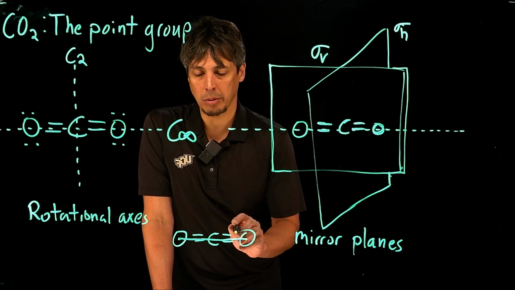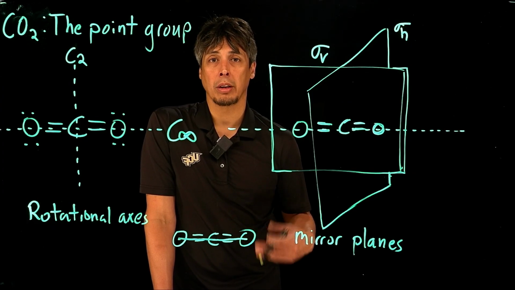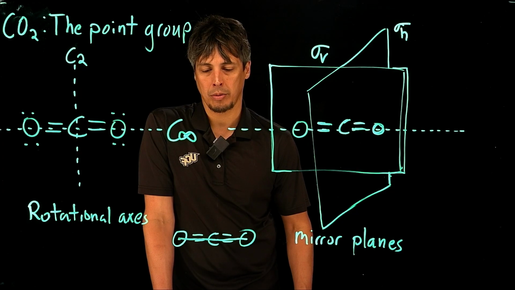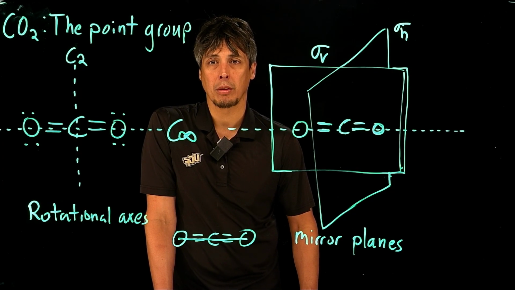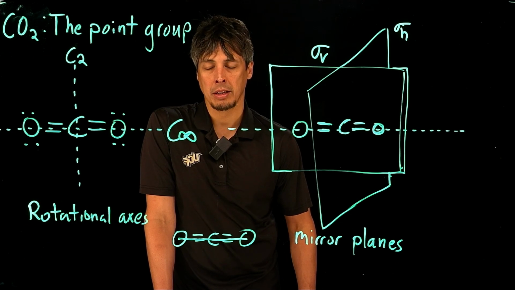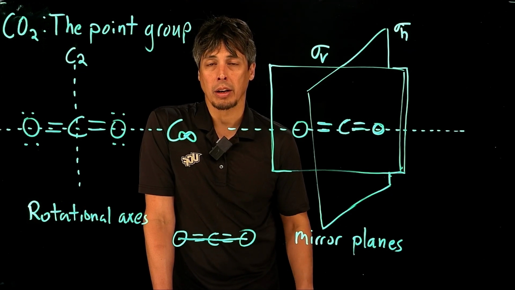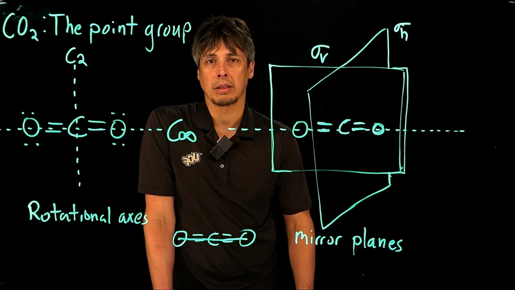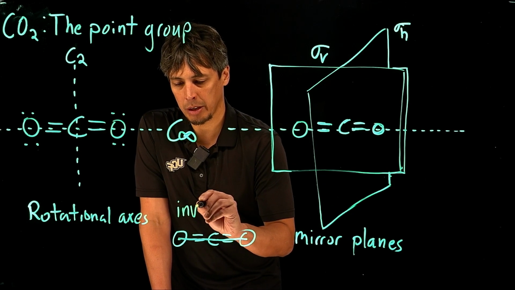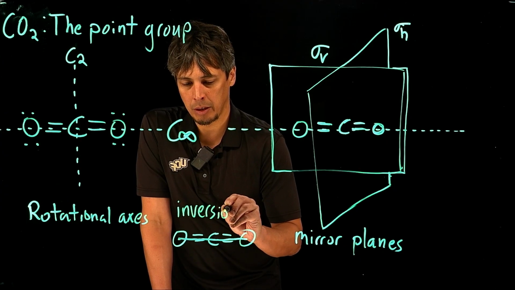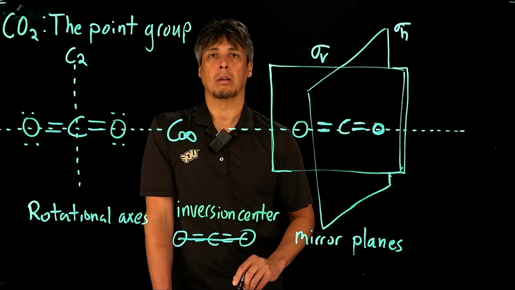And in fact, we do. We see oxygen. If that's true for all the atoms within the molecule, where you travel through the center of mass an equidistant amount from where you started and see that it's the same atom, you have what's called an inversion center. So in this case, we have an inversion center for carbon dioxide.